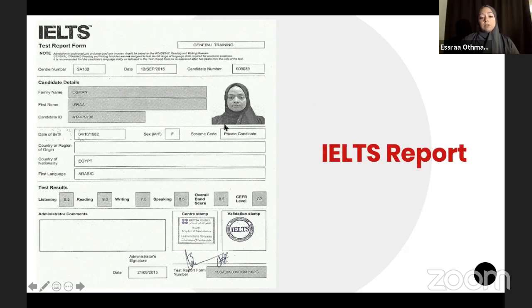That's why I'm telling you, it's very, very important to have the same information as the ones that you are going to have in the ID that you are going to use for the IELTS. Okay, you can see here that each skill has its own band, and then at the end, you're going to have the overall band score, and then you're going to have the CEFR level. Okay, so this is how an IELTS report looks like.